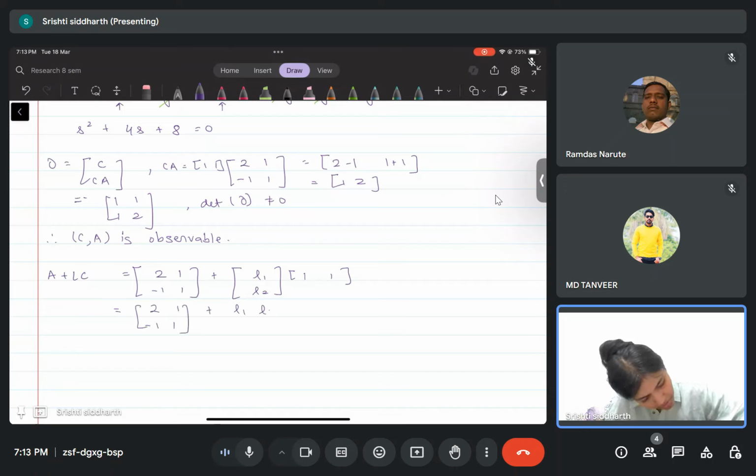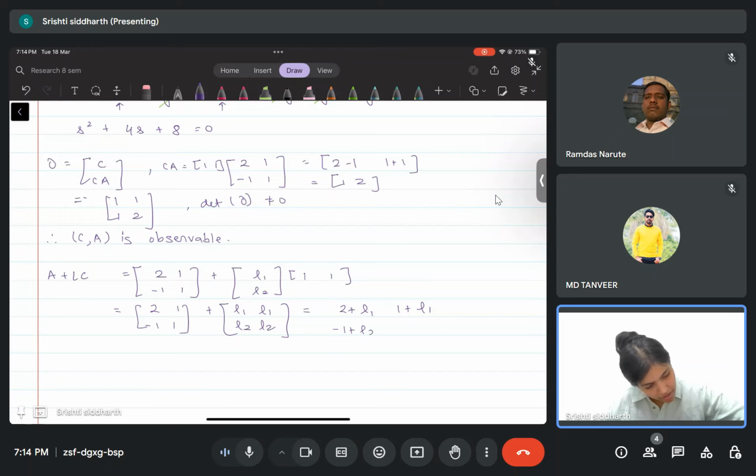This becomes L1 and L2. So this is 2 plus L1, 1 plus L1, and similarly the next row.